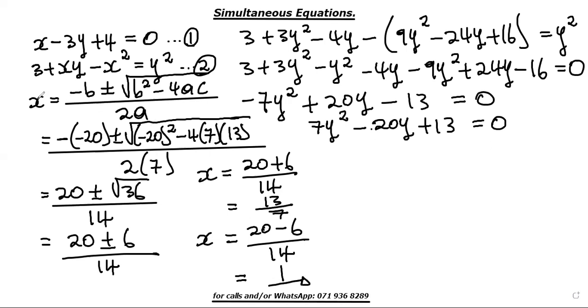But can you see the quadratic formula is expressed in terms of x? But we understand that in this equation, we are not really solving for x. We are actually solving for y. So we could have expressed our equation in terms of y.